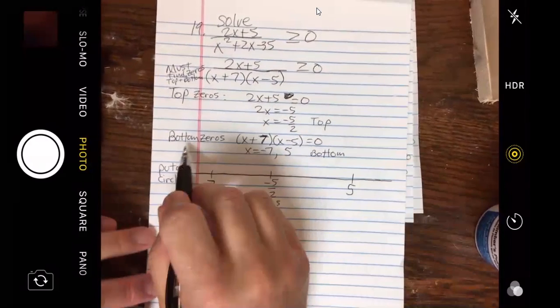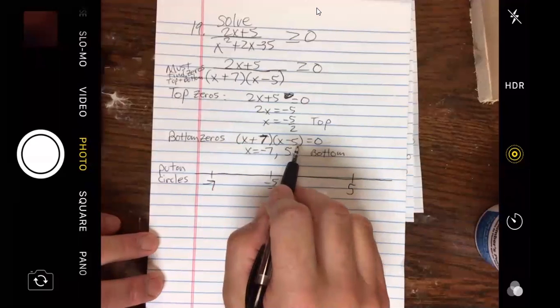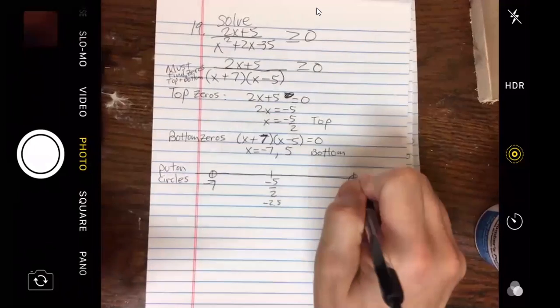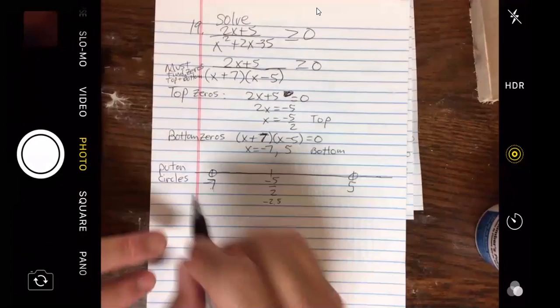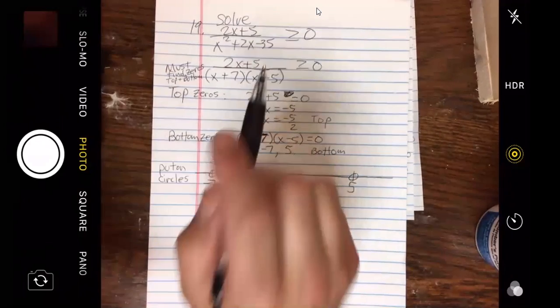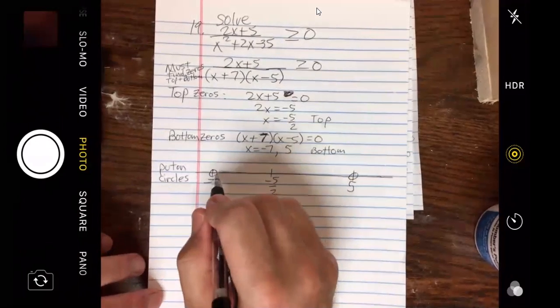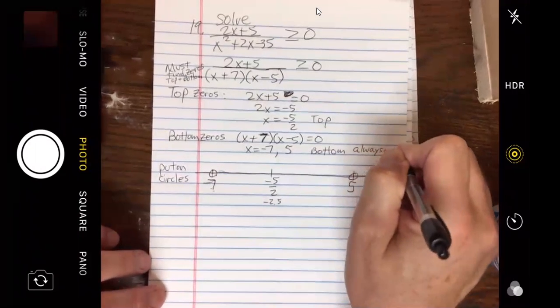Do you understand that if a 0 comes from the bottom, it will always be open? Yes. Because they cannot be answers. They're making you divide by 0 here. So bottom zeros are always open circles.